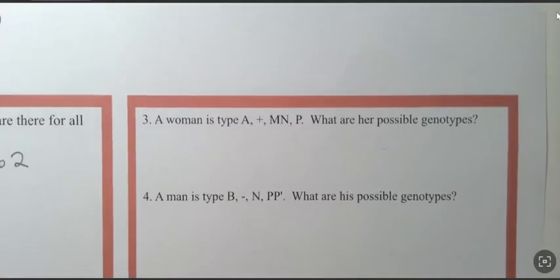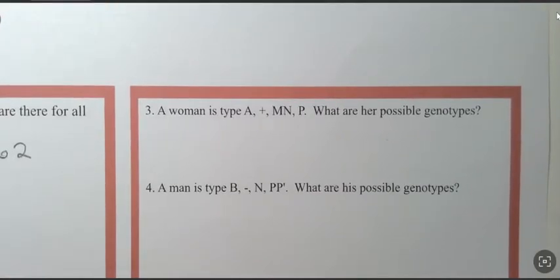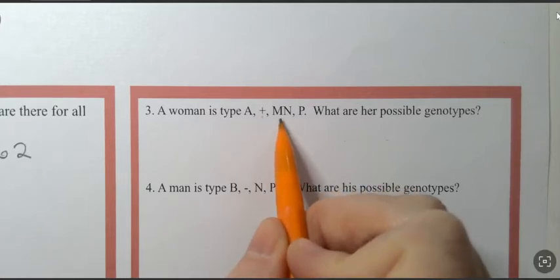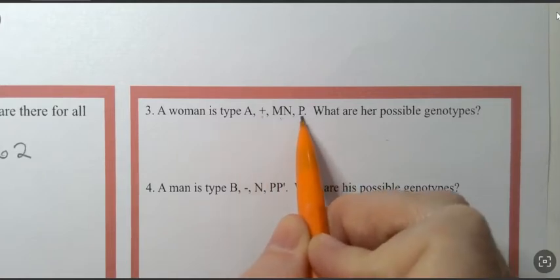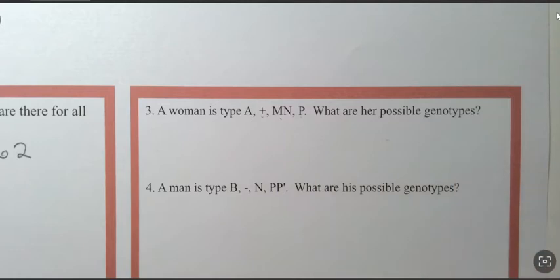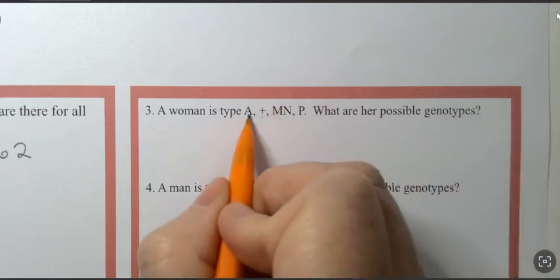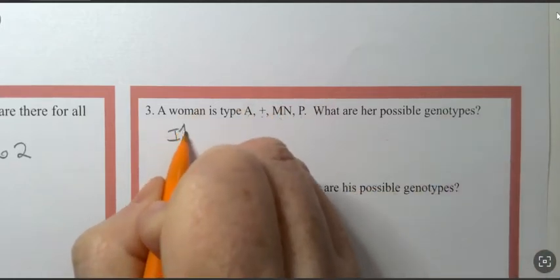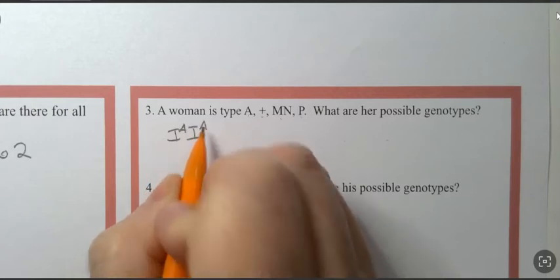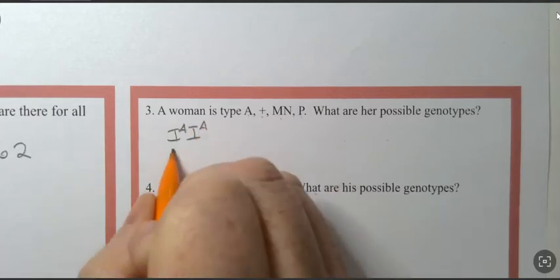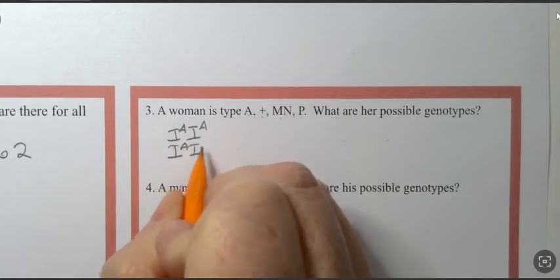The next question. A woman is type A. Okay. She's positive. She's MN and she's P. What are her genotypes? Okay, so to be type A, I can either be this or I can be this.